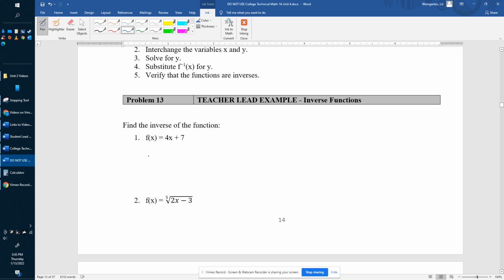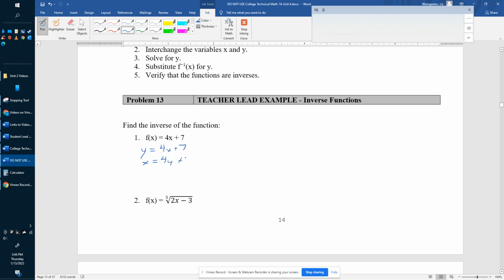So our first step, we're going to put y in for f of x. Then we're going to flip our x and y around. Our x is going to become the y, and our y is going to become the x. Then we solve for y.